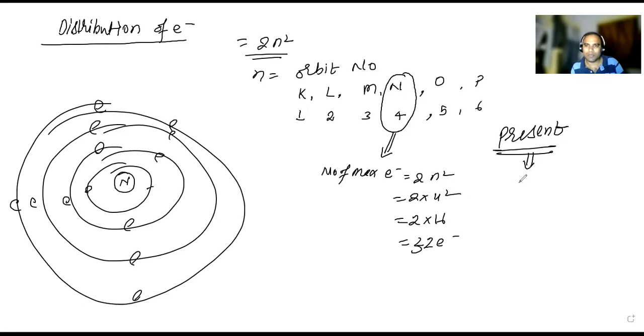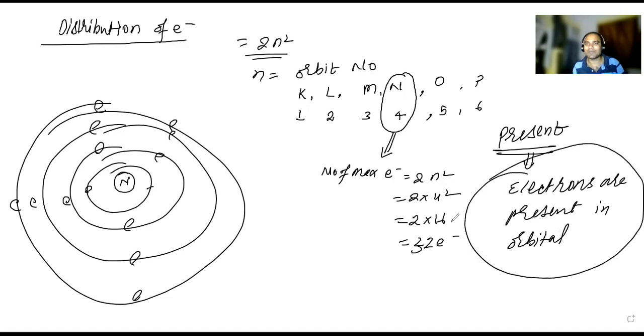Electrons are present in orbitals. Getting my point? Not in circular paths.